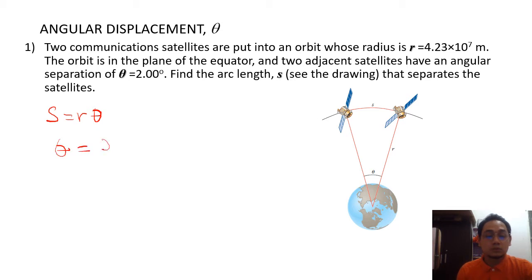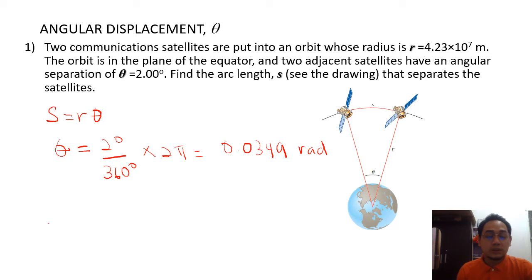Theta equal to 2 degree over 360 degree times 2 pi. The answer is 0.0349 radian. So after we change the unit, we can substitute the value of r and the value of theta into the formula.